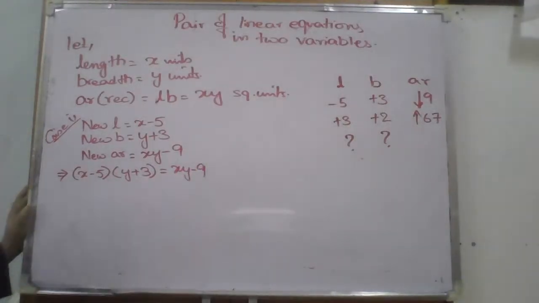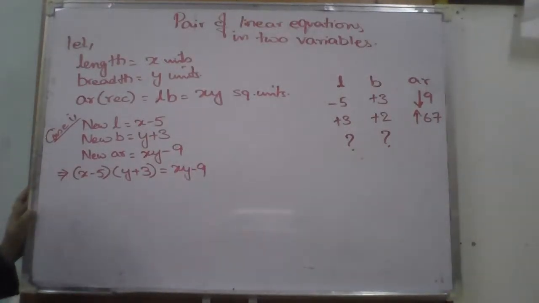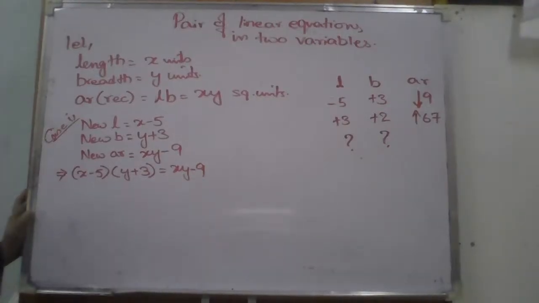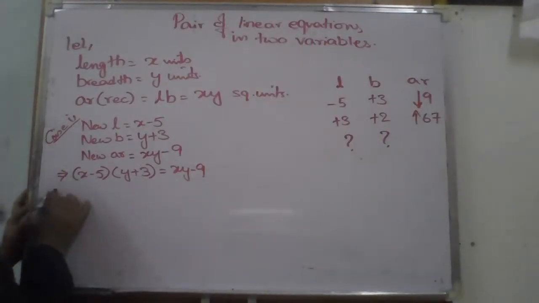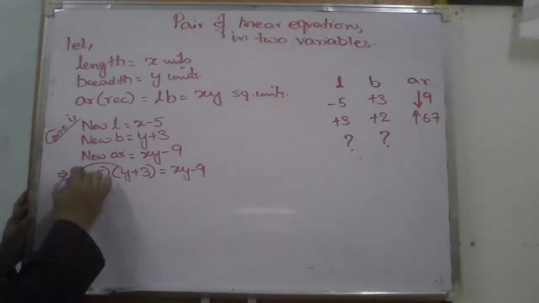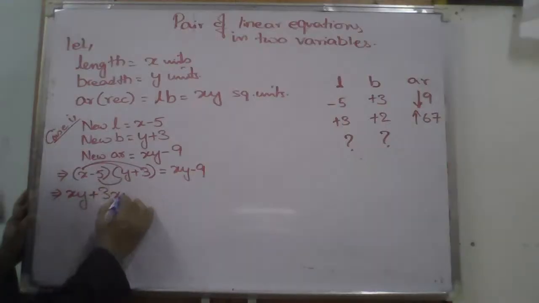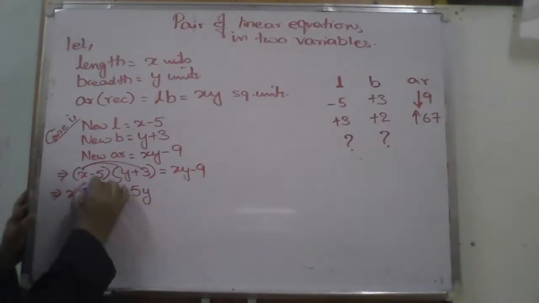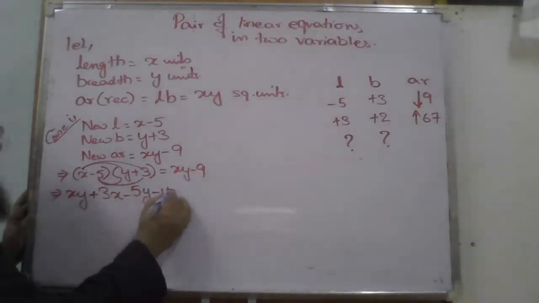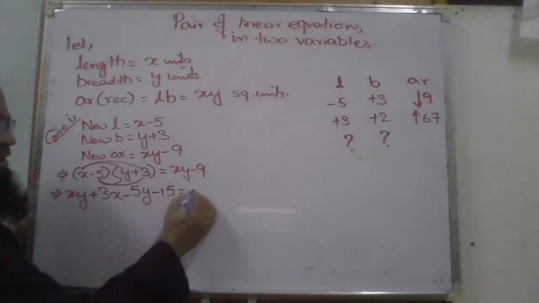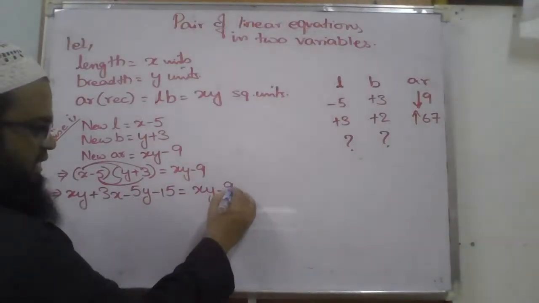Did you understand this concept, my dear students? Everybody understood? This is a little different problem, and that is the reason I have chosen it. Now x into y, xy, x into plus 3, 3x, minus 5 into y, minus 5y, minus 5 into 3, minus 15 equals xy minus 9.